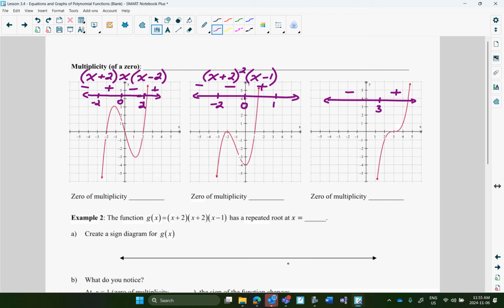So whenever it bounces back, that means that a factor is going to happen twice. And what happens if it flattens and goes through? Well, this is really weird. This means it's cubed whenever it flattens out.